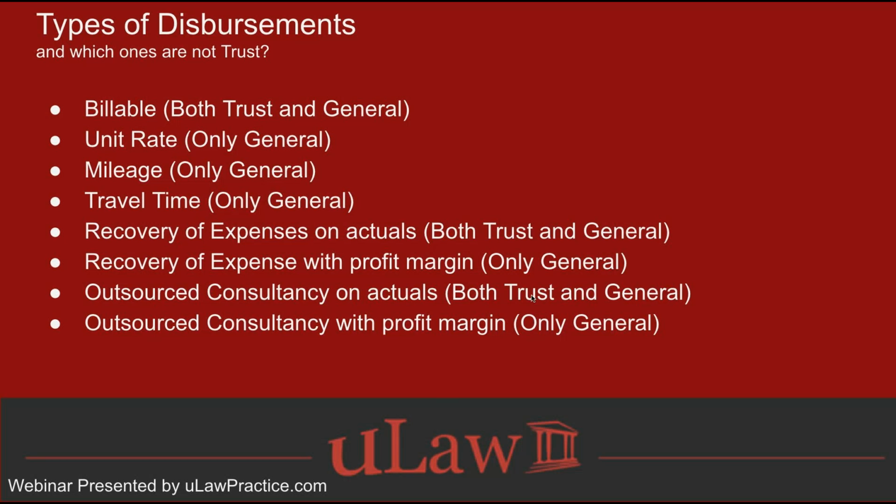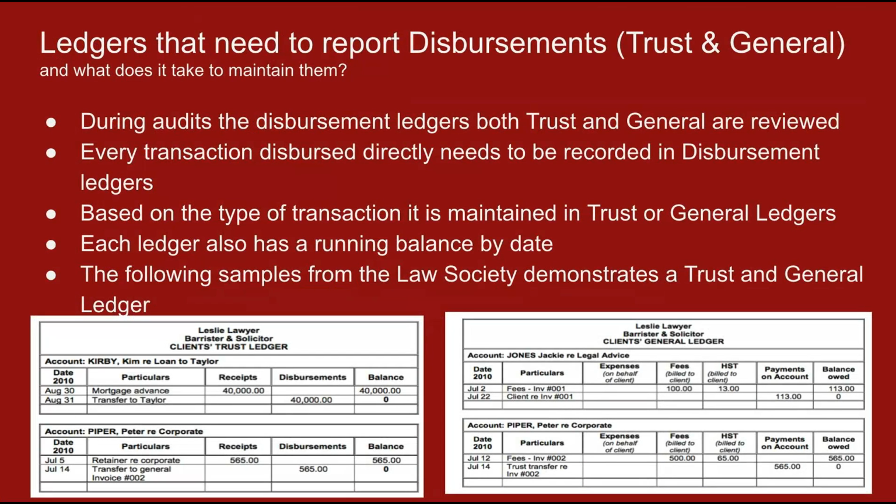With the profit margin, I would say use only general again. So now you have an idea which goes from trust and which from general. The preliminary point to understand is that only actuals go out of trust, and if there's the slightest chance of profit margin, please make it out of your general account only.